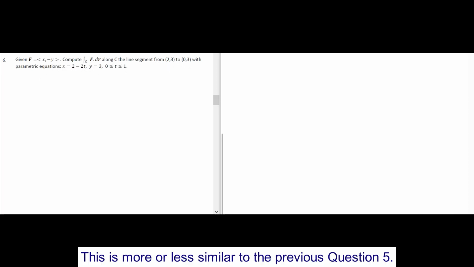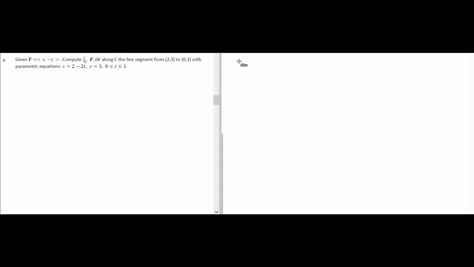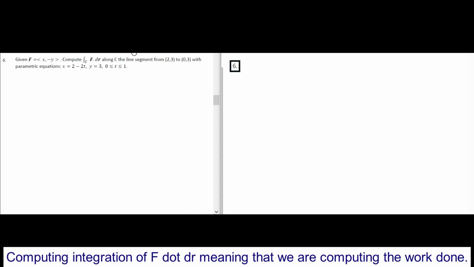This is more or less similar to the previous question 5. Computing the integration of F dot dr means that we are computing the work done.